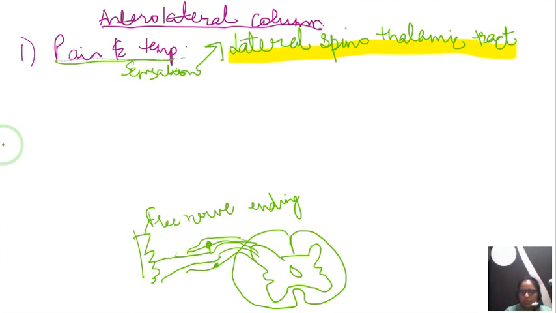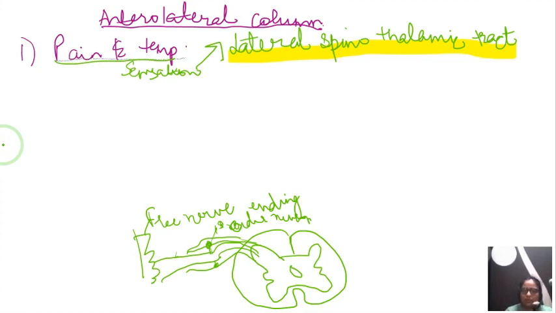But in the anterolateral column, or the lateral spinothalamic tract, your first order neuron comes in the dorsal root ganglion and synapses here. So your first order neuron would be here. Understand?